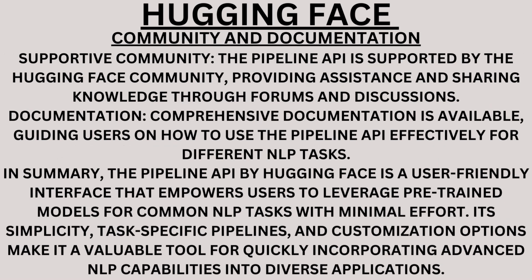Community and documentation. Supportive community. The Pipeline API is supported by the Hugging Face community, providing assistance and sharing knowledge through forums and discussions. Documentation. Comprehensive documentation is available, guiding users on how to use the Pipeline API effectively for different NLP tasks.